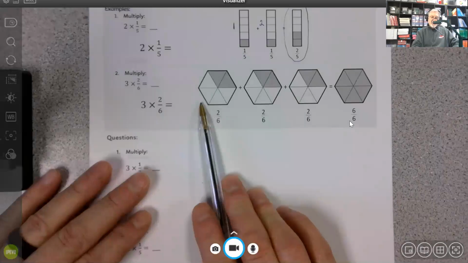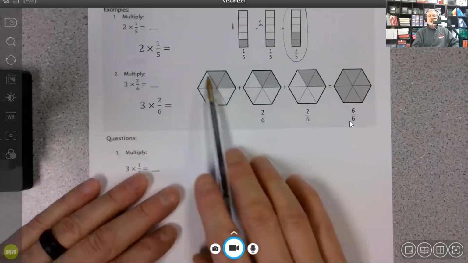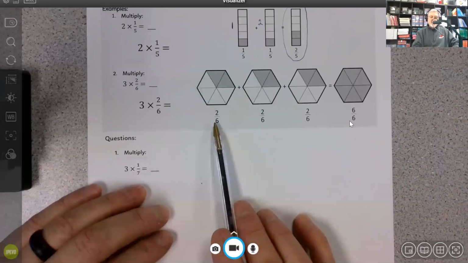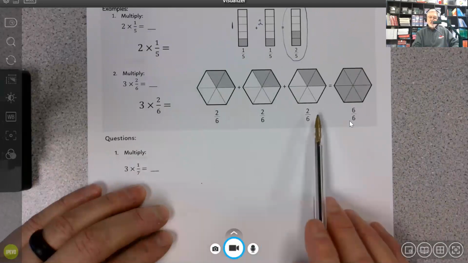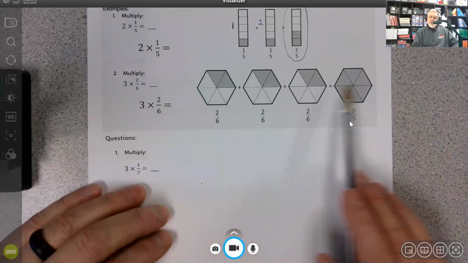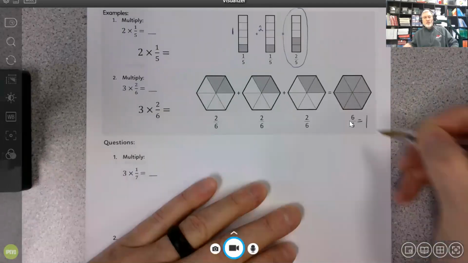This is a hexagon. Hexagon is 6-sided, so I know that there's 6 pieces in here. And so it was 3 times 2/6, so it'd be 2/6 3 times. And then you add each of these together and you get 6/6, which also equals 1 whole.